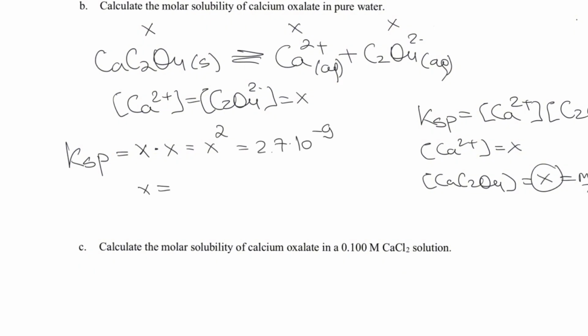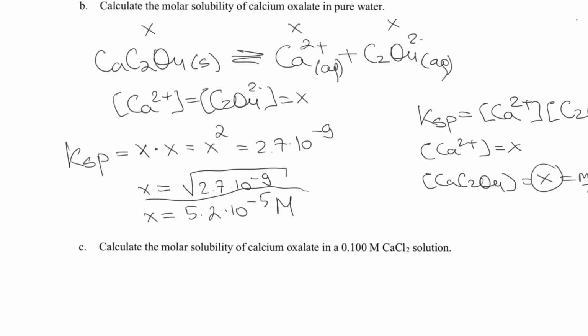Our X is the square root of Ksp. If we calculate this, X is equal to 5.2 times 10 to the power of negative 5 molarity. This number represents the molar solubility of calcium oxalate.